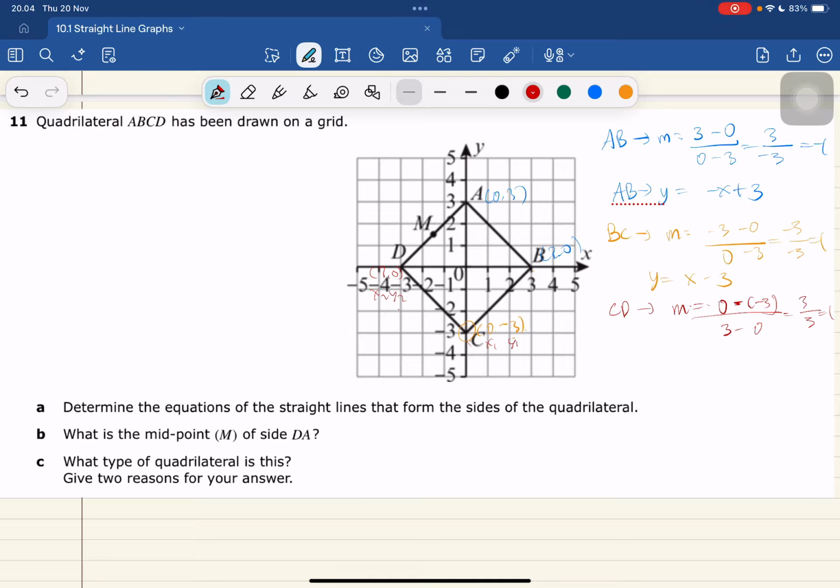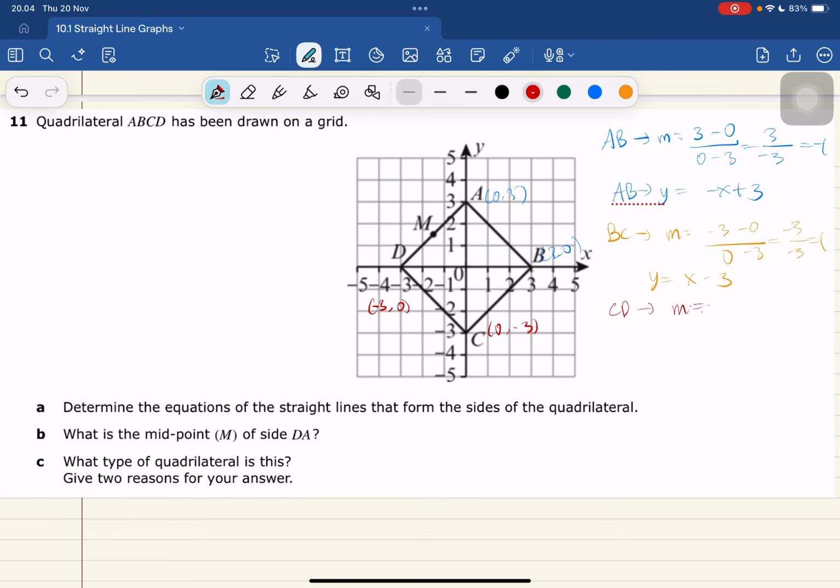Let me redo this. So this point, C, is going to be (0, minus 3), and this point is (3, 0), minus 3 and 0.